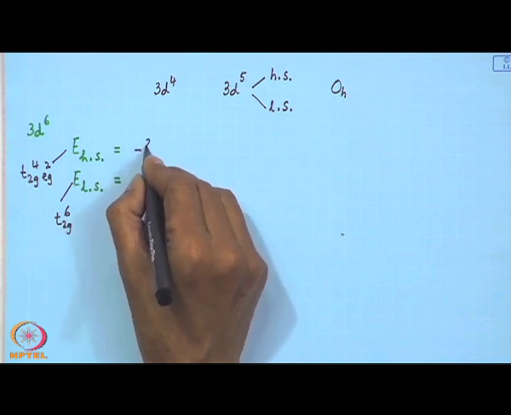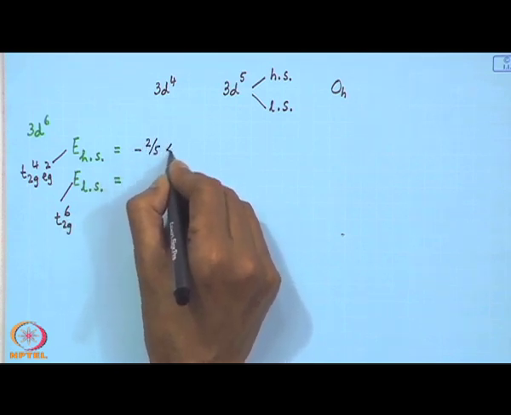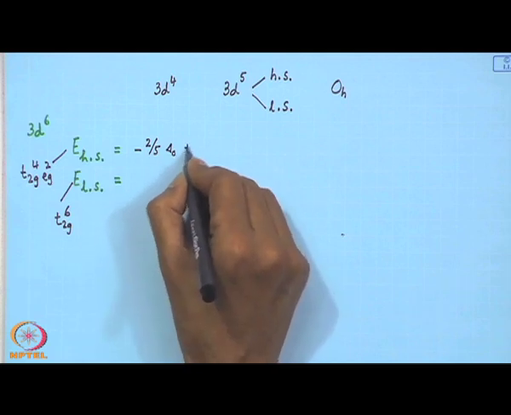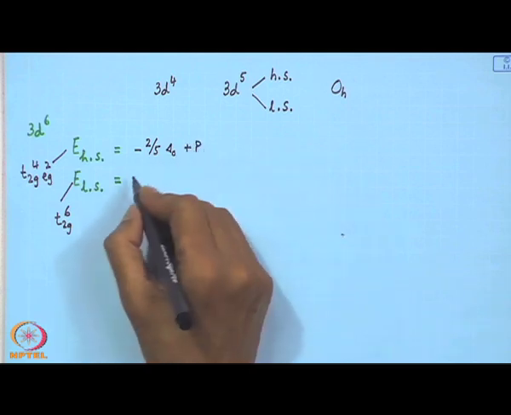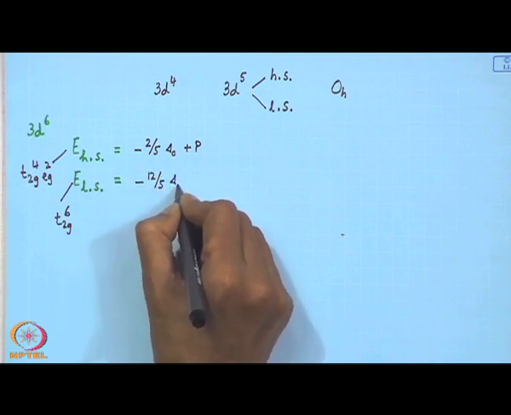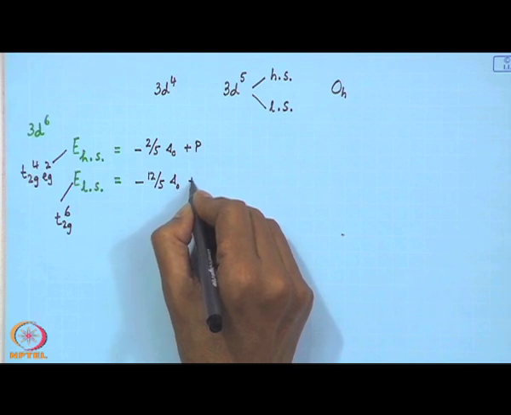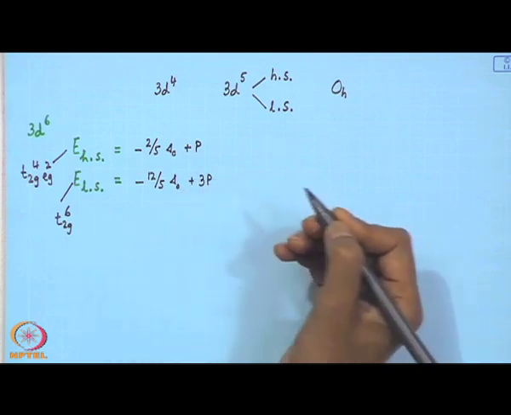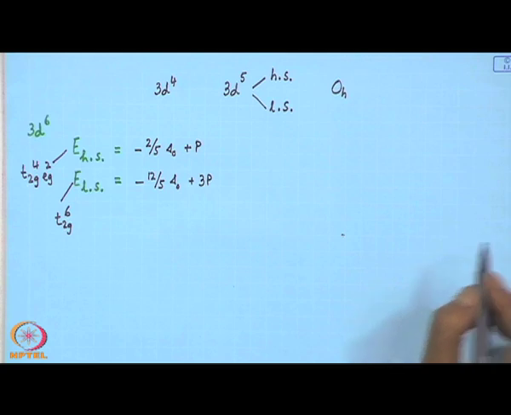In this particular case it is 2/5 delta O plus P, and in this case it is minus 12/5 delta O plus 3P, because we have 3 electron pairing.